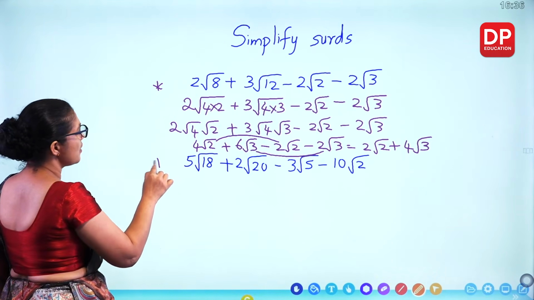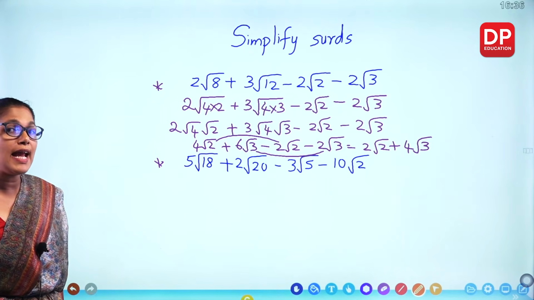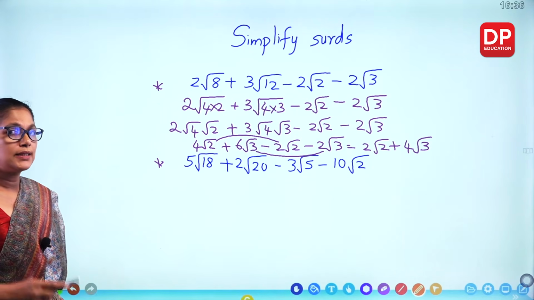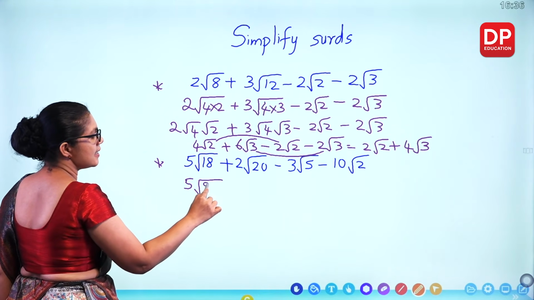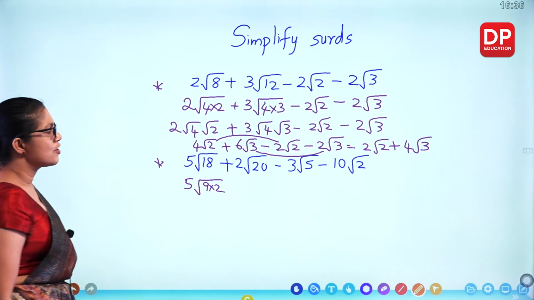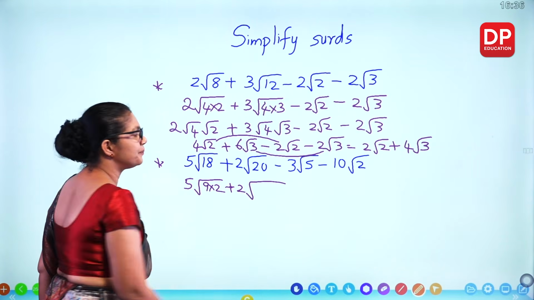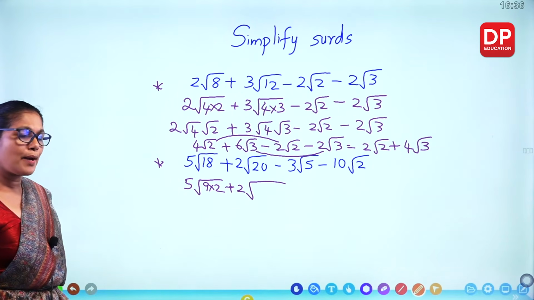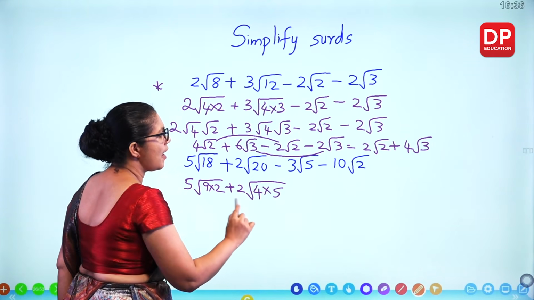Now we'll look at this question. Root 18. Can we write down 18 as a square number? Yes, we can. That's 9 times 2. Can we write 20 as a square number? What's a square number? 4. 4 times 5.